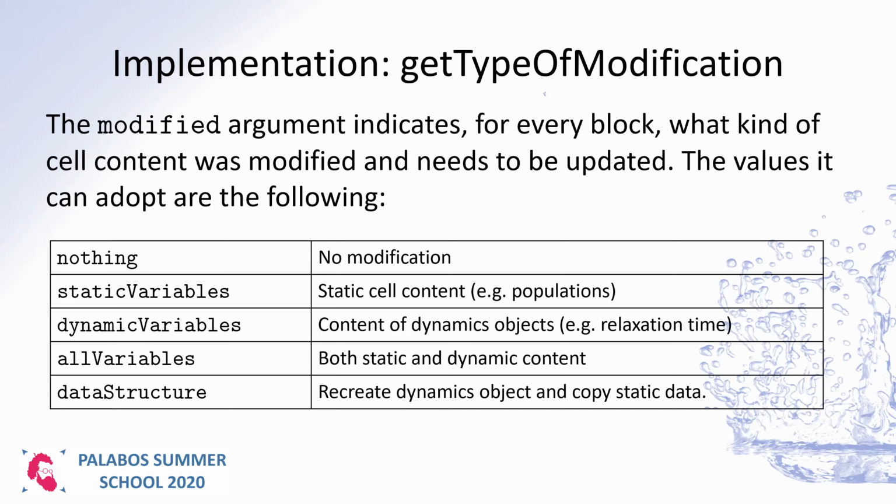And Palabos is actually going to go to that cell and serialize the dynamics object. So it is going to convert the full dynamics object into a data stream, which it sends through MPI to the envelope or to a different processor, and rebuilds the full object on that different processor, okay? So these are the keywords which you are going to use inside the method getTypeOfModification.